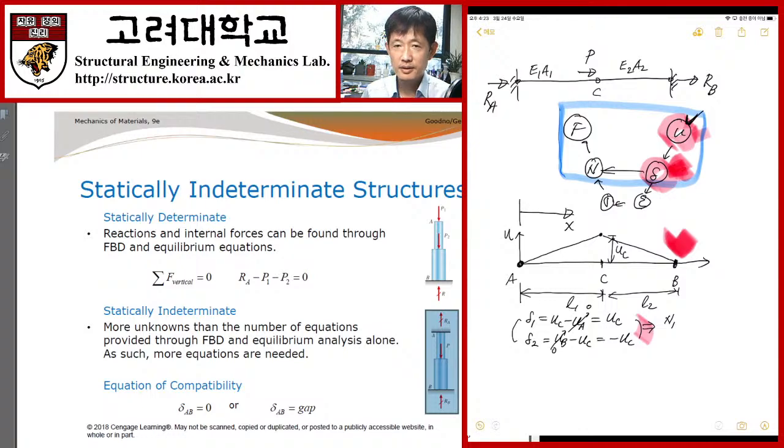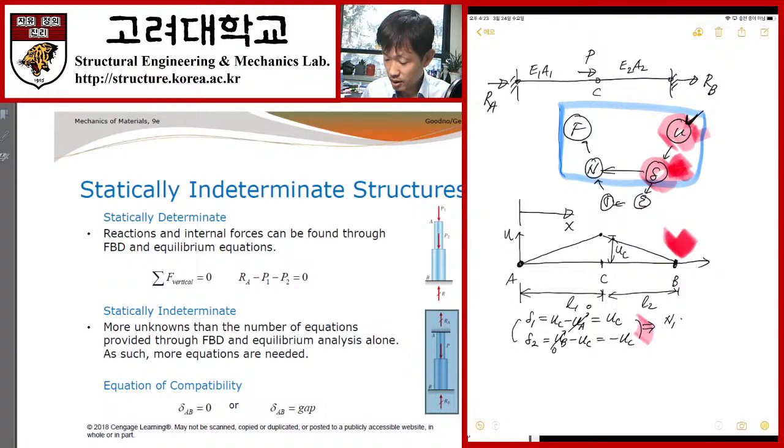No response. So obviously, because we are interested in that member only, if you want to calculate the internal force for member 1, then you need the elongation for member 1, not member 2. Okay, it is really obvious.